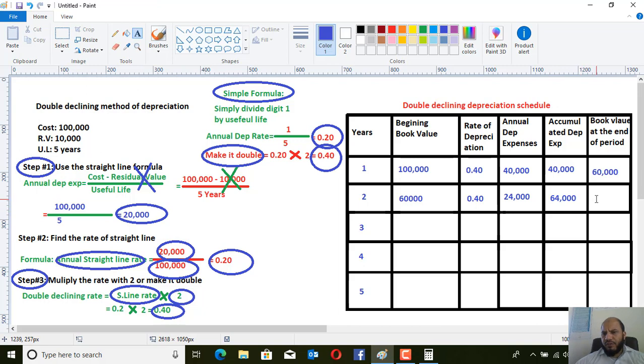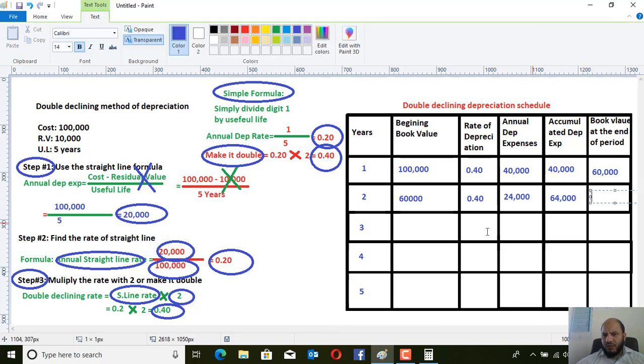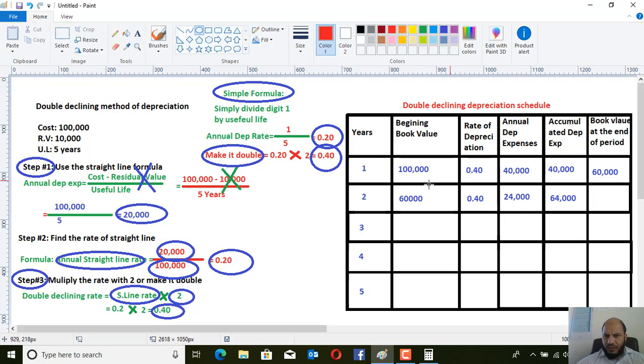Now again we will find the book value. So 60,000 minus 24,000, what we will do? We will use this 60,000 which is the beginning value and 24,000 which is the annual depreciation expense, and from this we will find the book value. So now let's use the calculator.